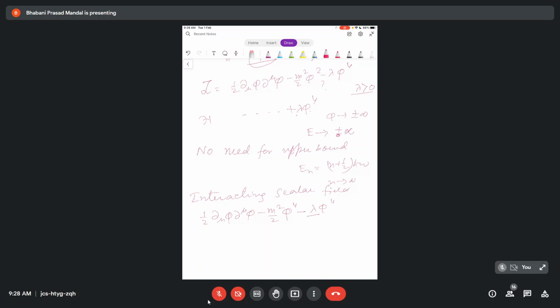And for our convenience, we'll write a factorial 4, since later we'll see that a lot of terms will arise which will cancel this factorial 4 term. So this is my Lagrangian, where m is called the mass term and lambda is the coupling term.